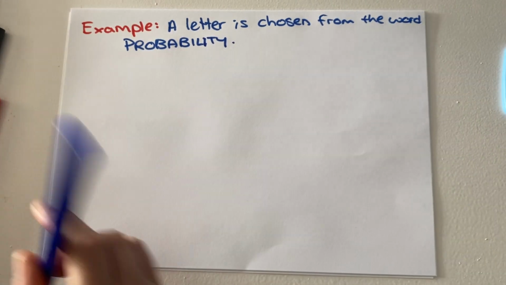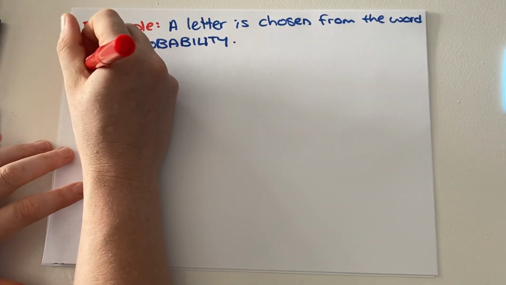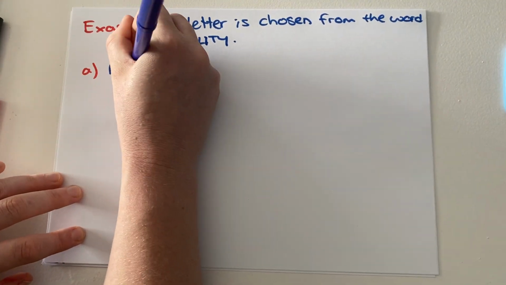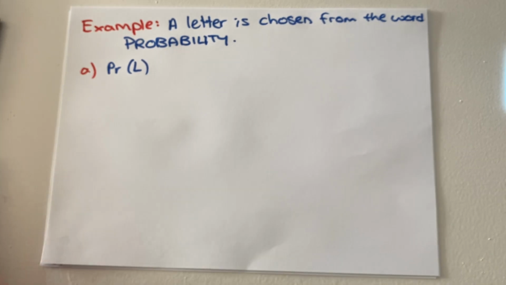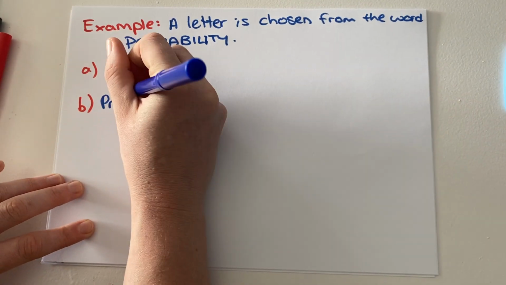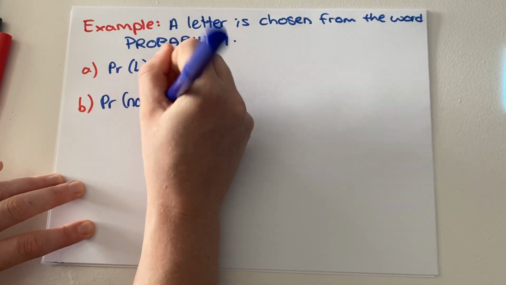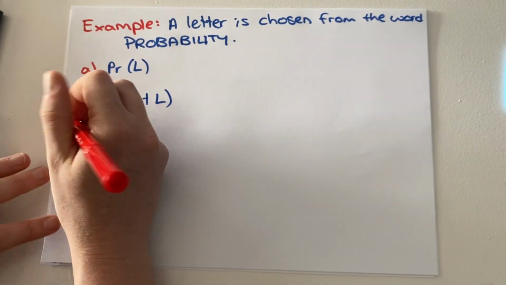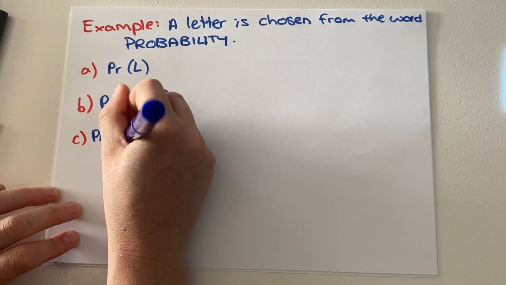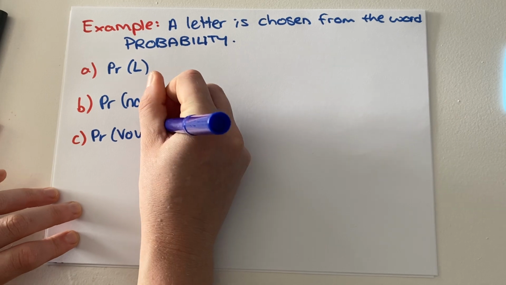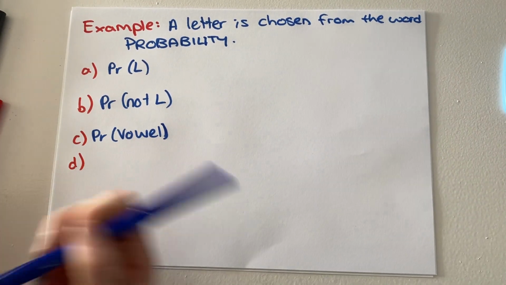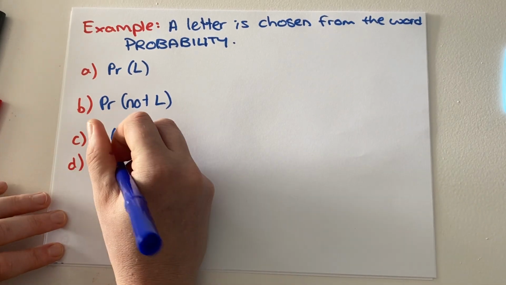Right, so then find the following probabilities. We've got A, the probability of an L. B, probability of not L. C, probability of a vowel. D, probability of a consonant.